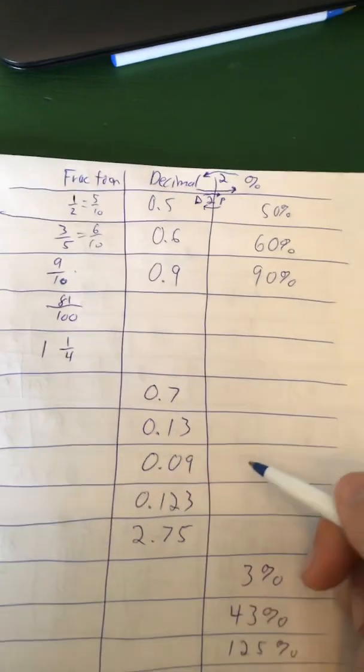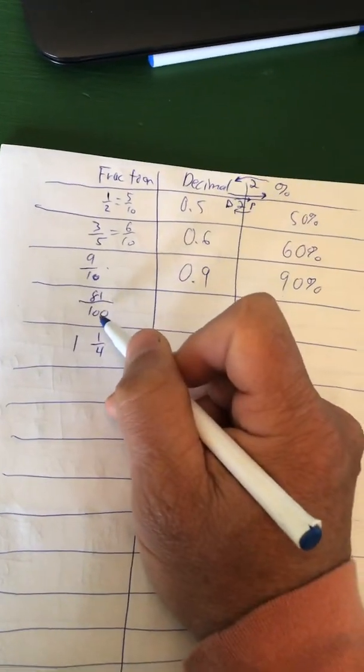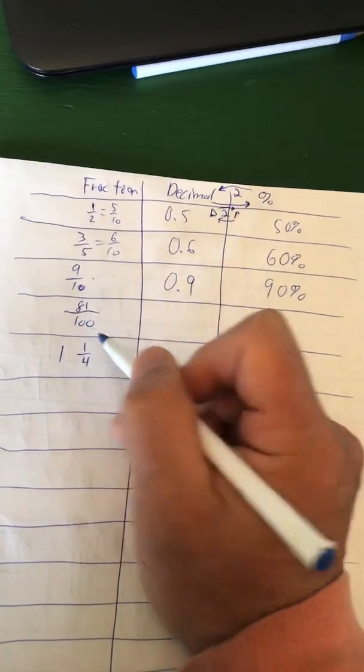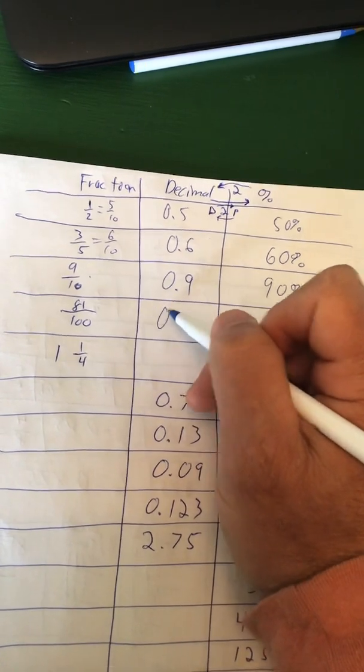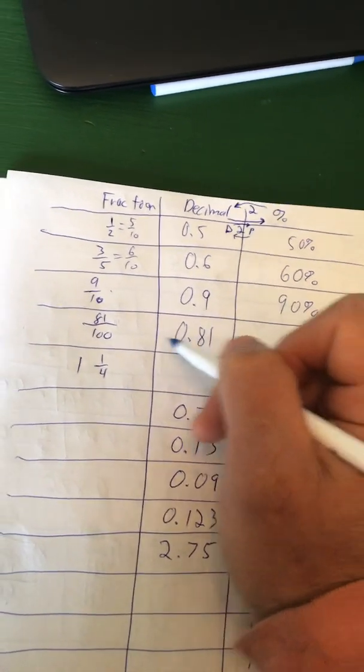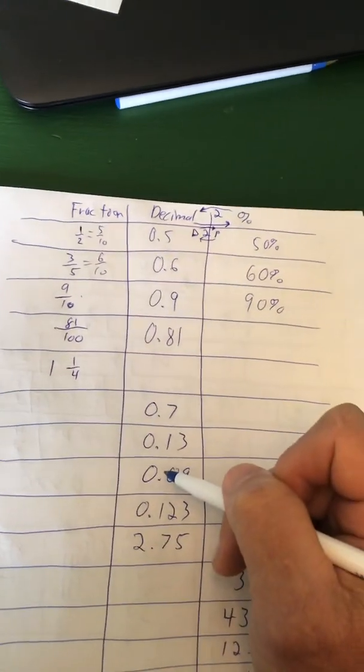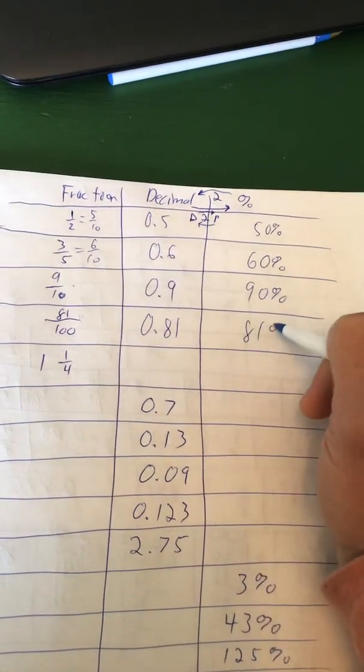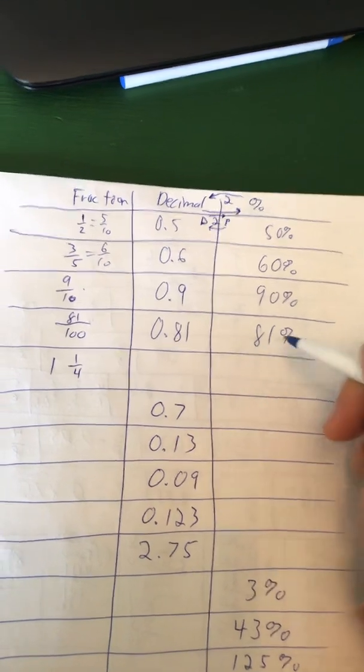Moved it 2. Now 81/100. If I can read it correctly, I should be able to write it correctly. 81/100 is 0.81, which is 81%, because I move it 2 to the right.